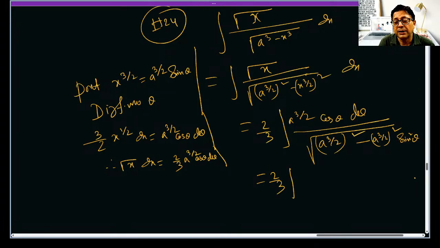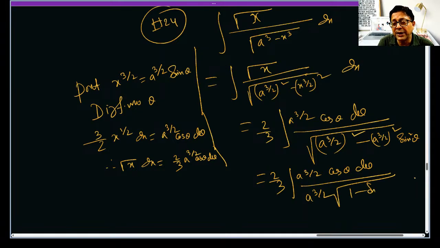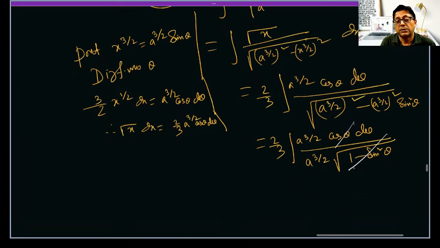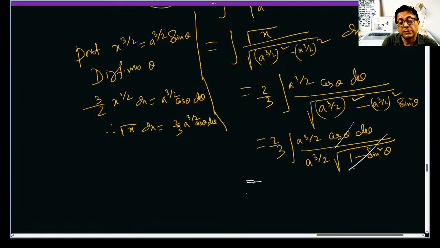So you take a to the power 3 by 2 common inside the root, so outside it will be a to the power 3 by 2 only. There it will be 1 minus sin square theta, isn't it? So strike the common factor out, so there will be 2 by 3 into theta plus c.